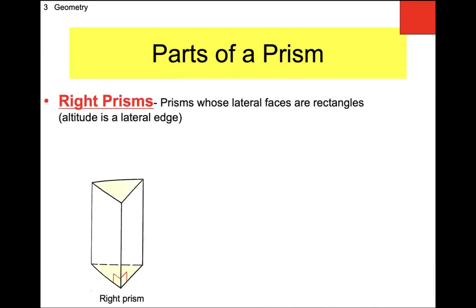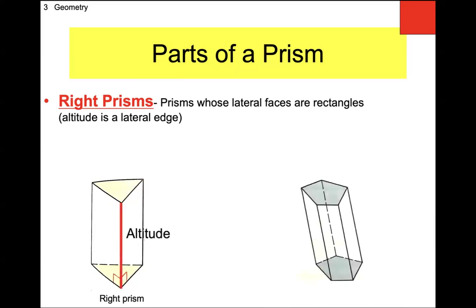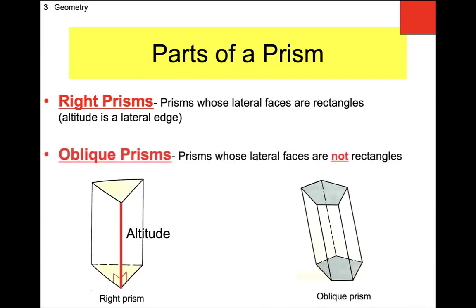The second main flavor is, well, what if they're not connected at right angles to each other? In other words, the bases are moved away from it. They're not directly above each other. So if we move them sideways like that, here's a pentagonal prism. If we move them sideways, well, it's not a right prism anymore. We call this one an oblique prism.